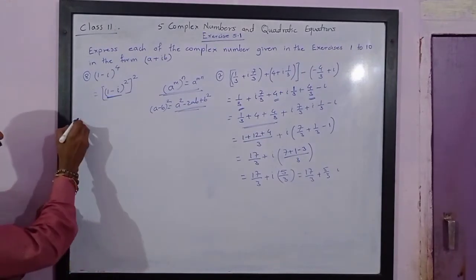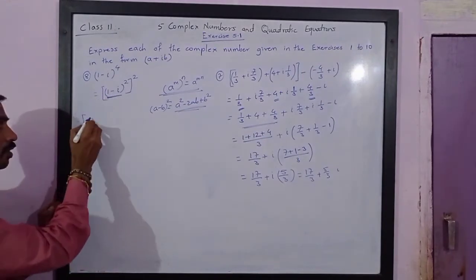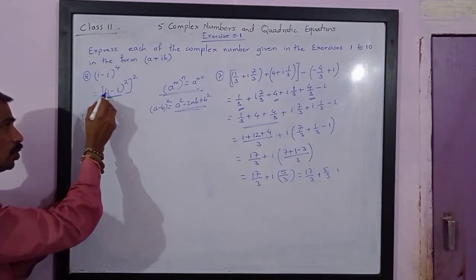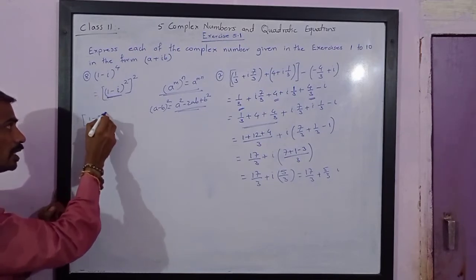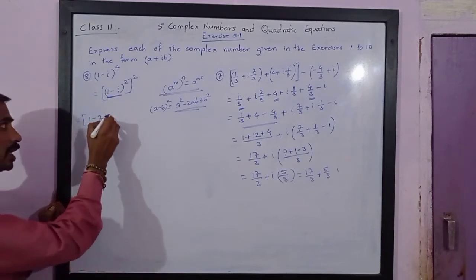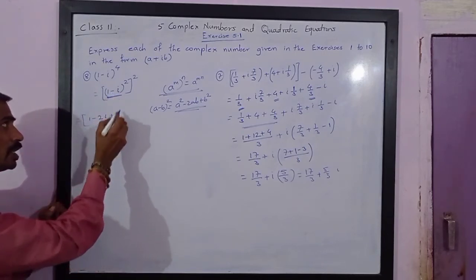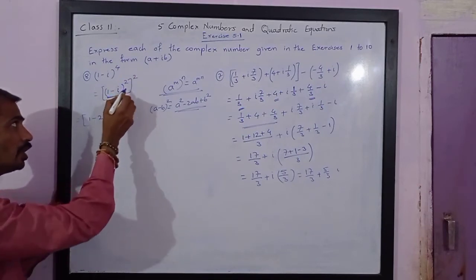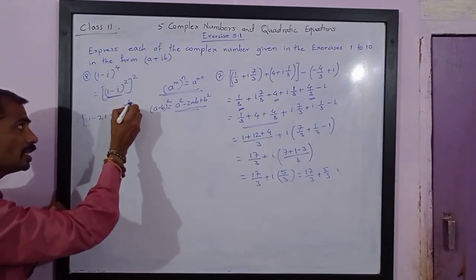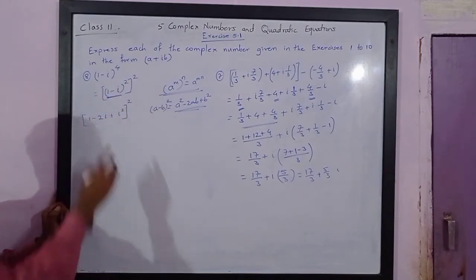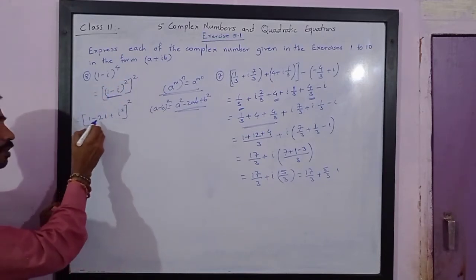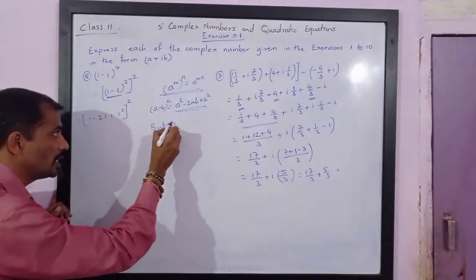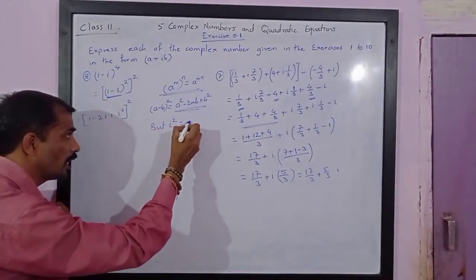We will get first term square, minus 2 times first into second, that is 2 into 1 into i, that is twice i, plus i square. And we have solved the inner bracket, the outer bracket is as it is, that square is also as it is. So please note, we have got 1 minus 2i plus i square, but i square is equal to negative 1.